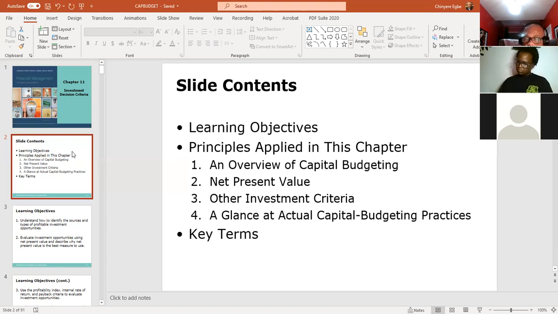So you ask yourself, if you have to incur all this expense to refinance this loan at a lower rate of interest, are you going to save enough money to justify the expenditure? And there are so many other reasons why a business would engage in capital budgeting and have to make capital budget decisions.